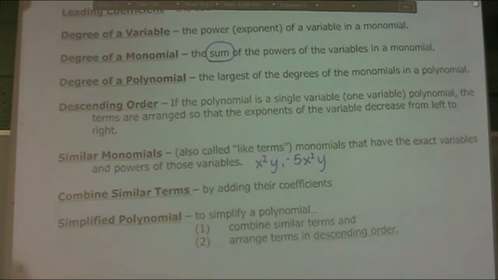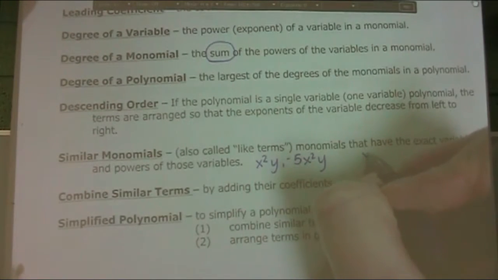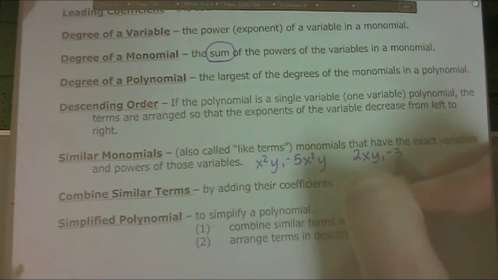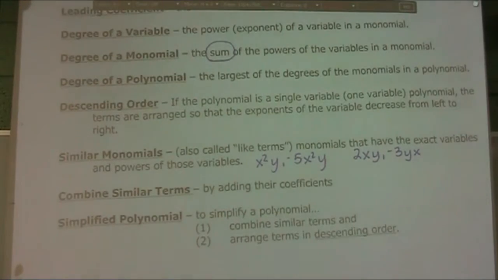Both of these terms have x with a second power and a y with a 1 power. They are like terms or similar monomials. Also, keep in mind, if I have a 2xy and negative 3yx, these are like terms. Just because they're not written in the same order doesn't mean they're not like. They're like because they have the same variables and the same powers of those variables.